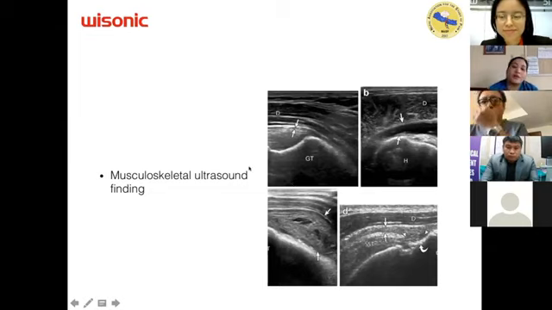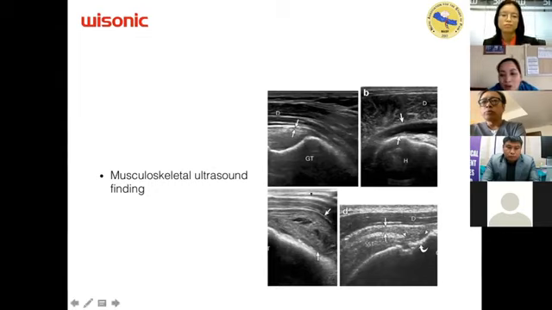Then comes our part for diagnosis, we can always do a musculoskeletal ultrasound. So in this patient, what we found was the subacromial subdeltoid bursa. There was slight collection over there. There was a small hypoechoic area in the supraspinatus muscle.